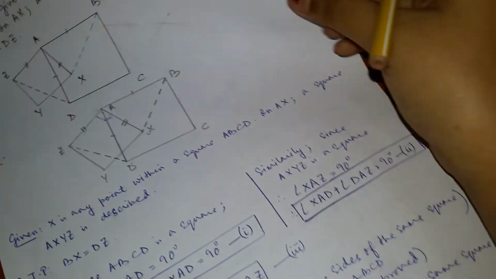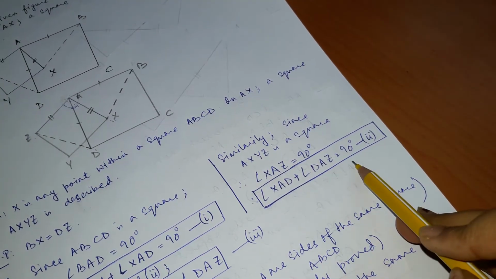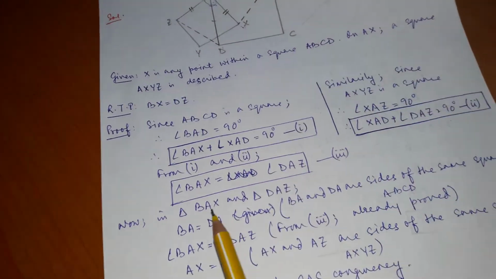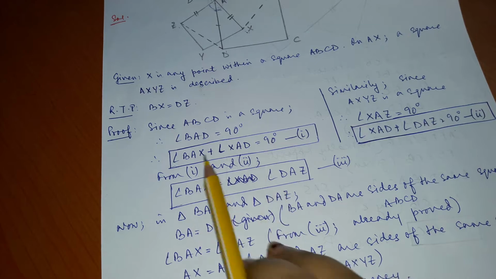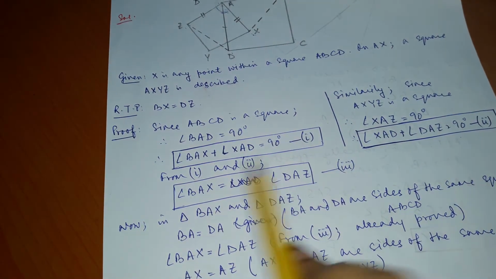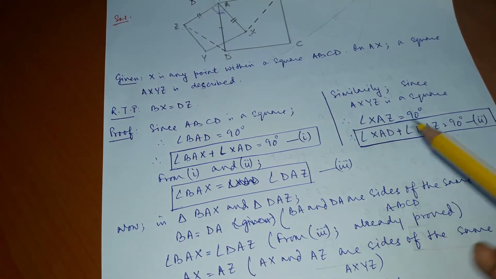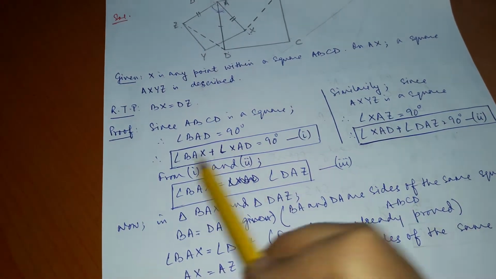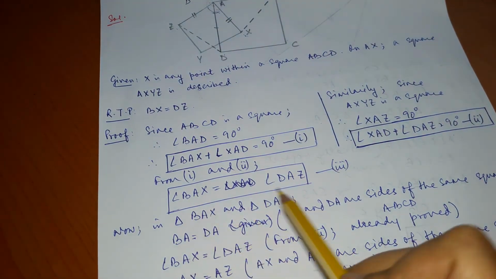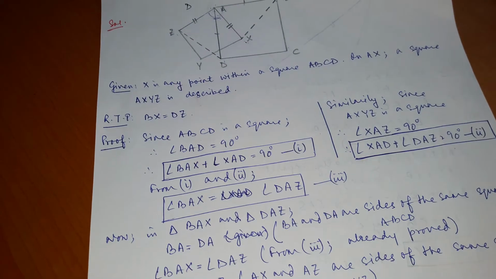We have written that angle XAD plus angle DAZ equals 90 degrees, and we have named this as equation 2. Now from equations 1 and 2, what can we say? Look, in both equations the right hand side is 90 degrees, and on the left hand side angle XAD is present with another angle. So we can compare these two equations and say angle BAX equals angle DAZ, and we have named this as equation 3.